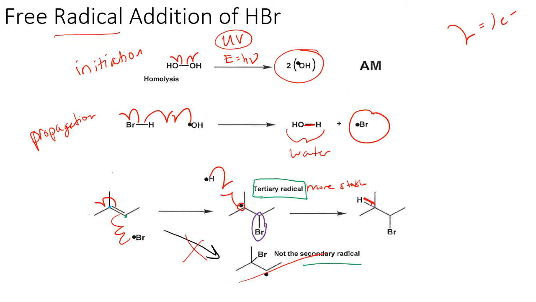And we can think about that like our termination step, which is ending the reaction and giving us our final product. And in our final product for the free radical addition, what we end up with is a halogen, in this case Br, on the least substituted side. So that's why this is referred to as an anti-Markovnikov reaction.